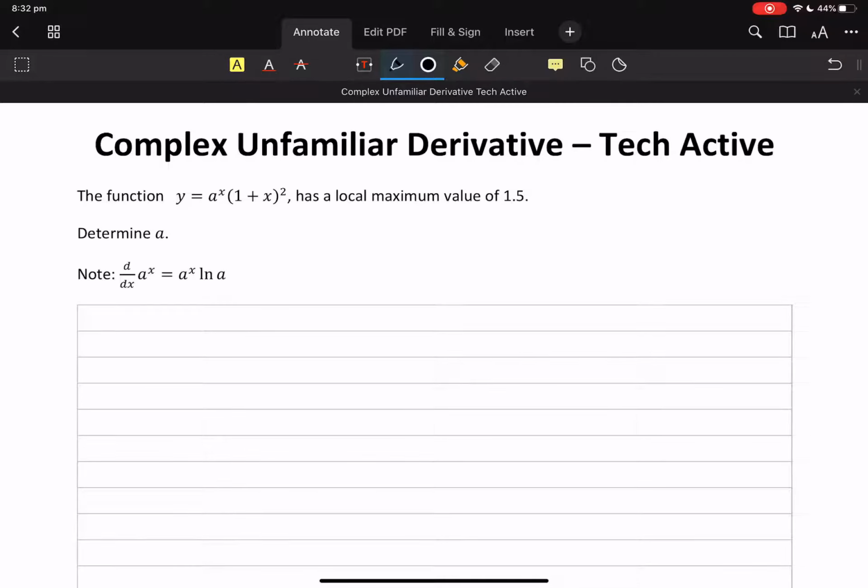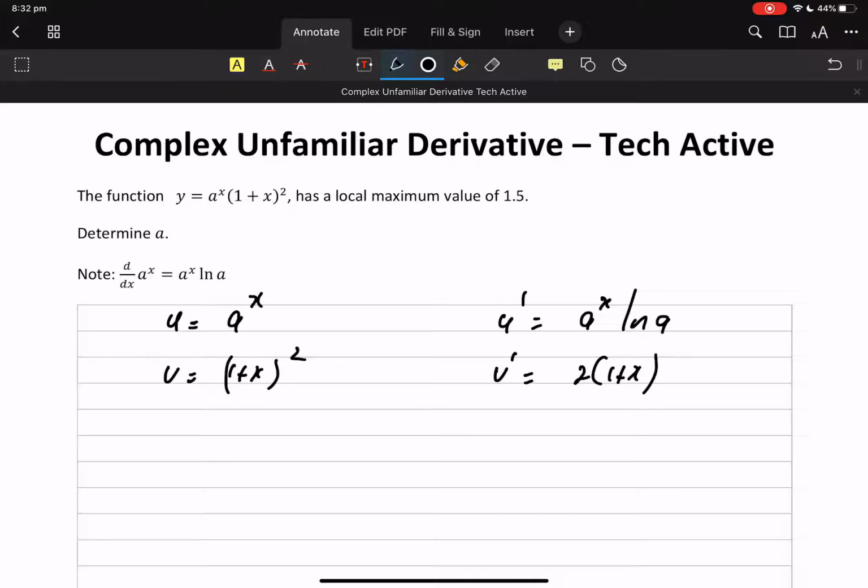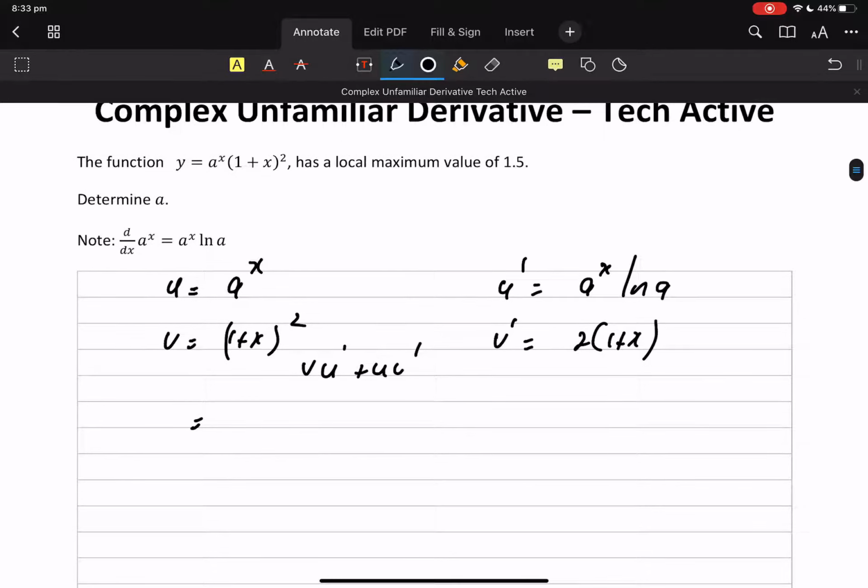So clearly we've got a u and a v, so u equals a to the x, v. U dash is going to be that thing that we haven't seen before, which is okay. And vu dash plus uv dash, it's an external exam. We want to be quick, not pretty.